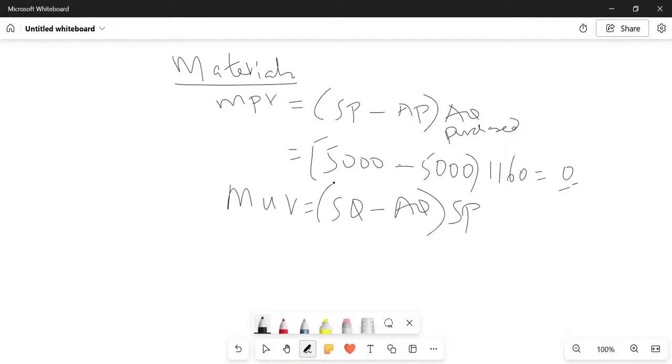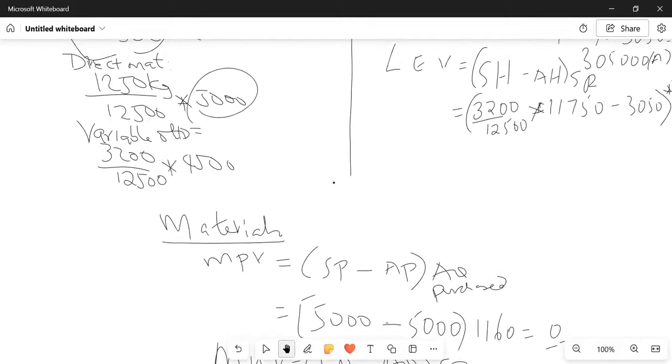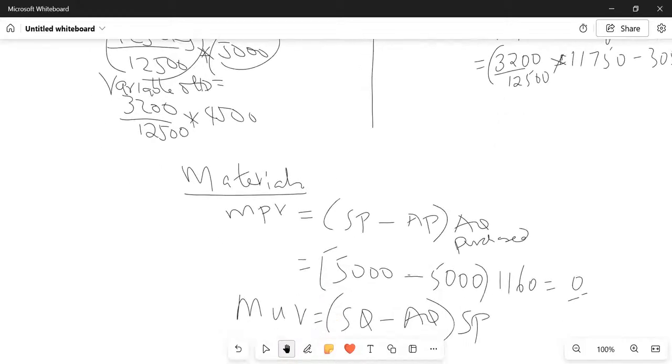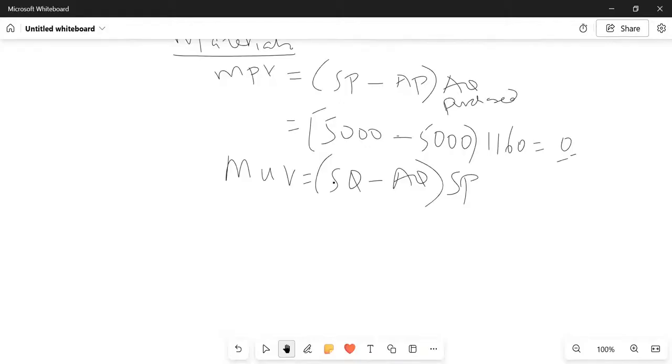So standard quantity, already we have this. The quantity given to us is 1250 over 12,500, but times actual production.